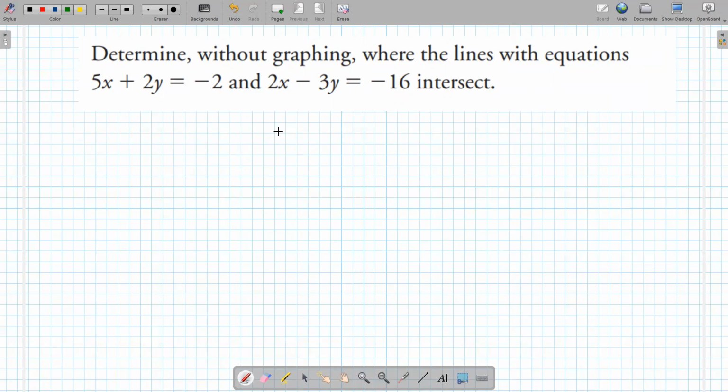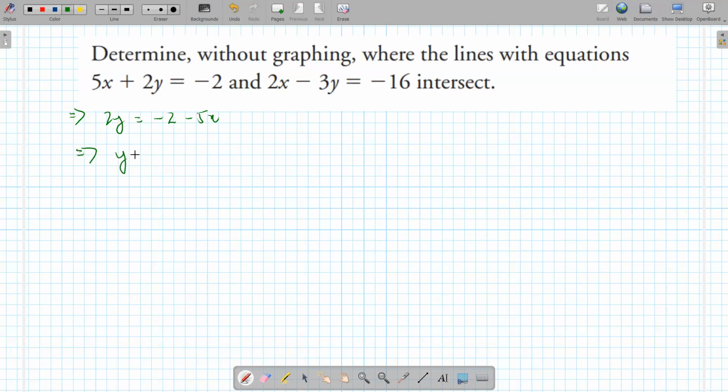It honestly doesn't matter because you're gonna end up with prime numbers on the bottom. I'm gonna use this guy here. So 2y is going to be -2 minus 5x. Again, your goal when doing substitution is to write one variable in terms of the other, okay? Just solve for one of the variables in the very beginning.